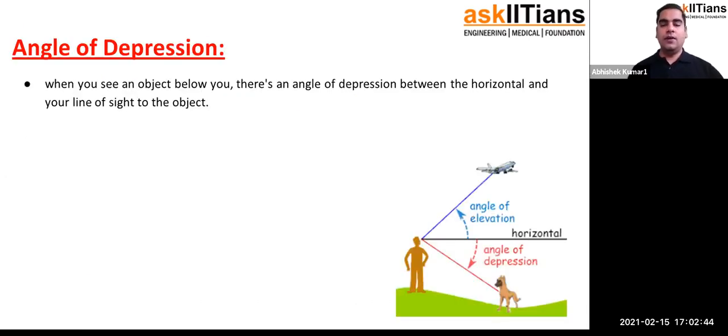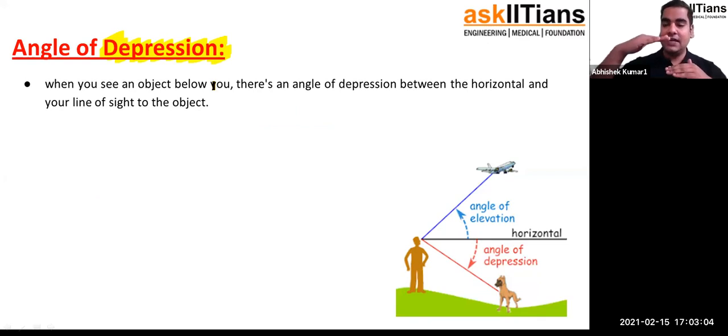Okay. Now, what is the second thing we have? The second thing we have is angle of depression. Okay. Even if you look at the dictionary meaning of this word depression, let's say this is the surface where I am standing. Then if I'm talking about depression, that means a surface which is below this surface.